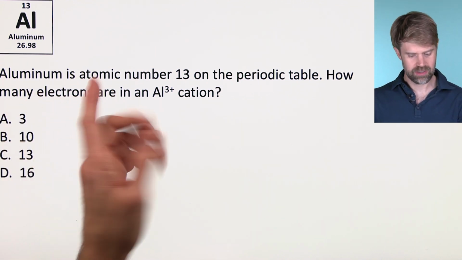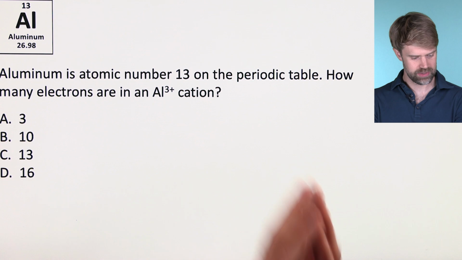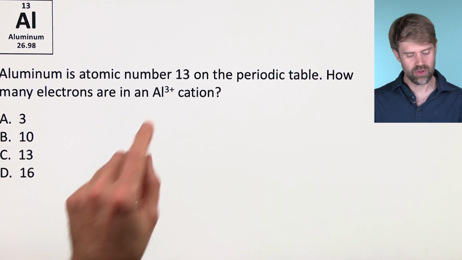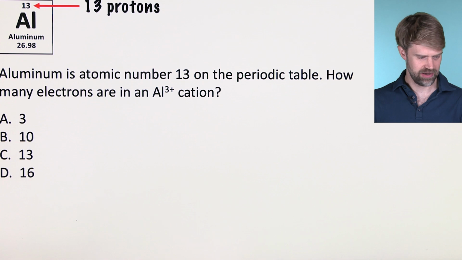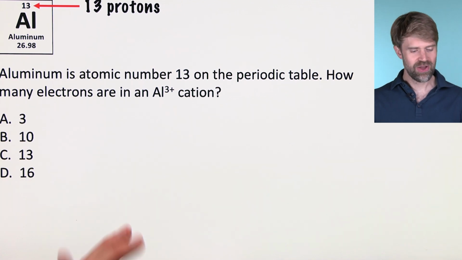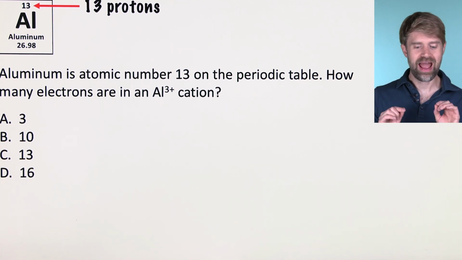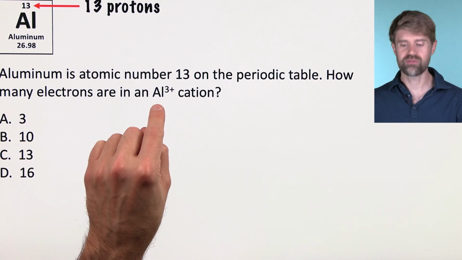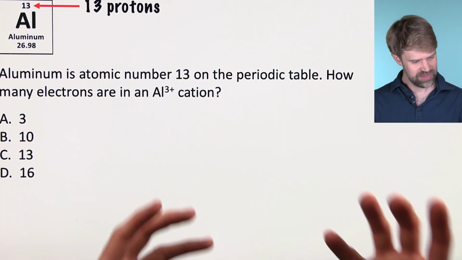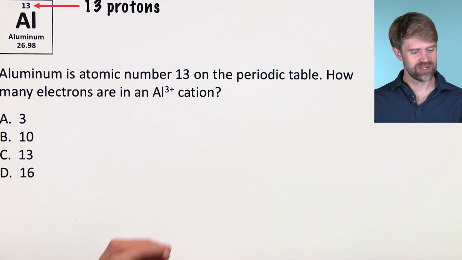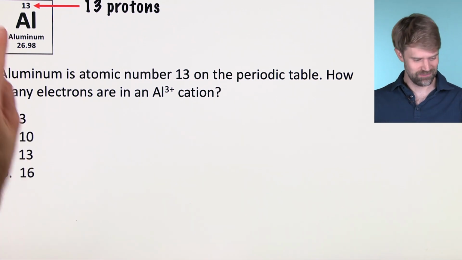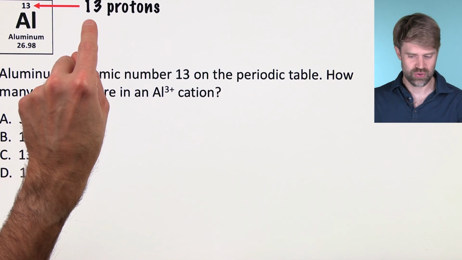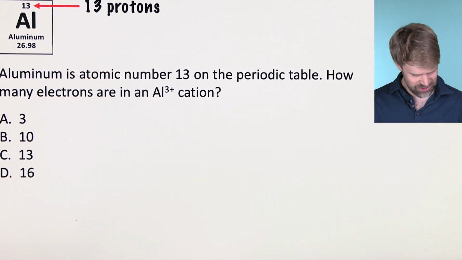Aluminum is atomic number 13 on the periodic table. How many electrons are in an Al3+ cation? Ready? The question wants to know how many electrons this ion of aluminum has. To find that, we need to first know how many protons it has. So we look at the atomic number 13. That means it has 13 protons. That can't change.